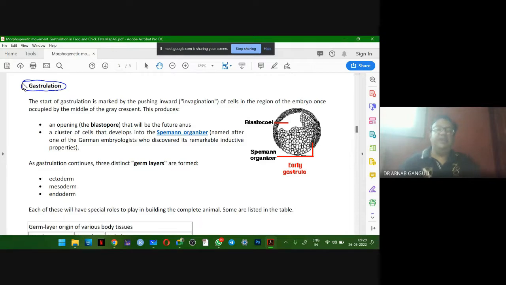Now, one important event in gastrulation is that some morphogenetic movements start to take place.